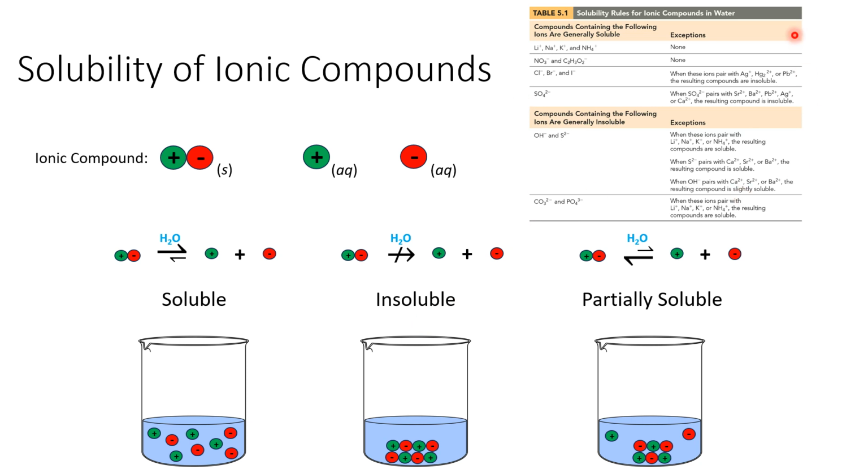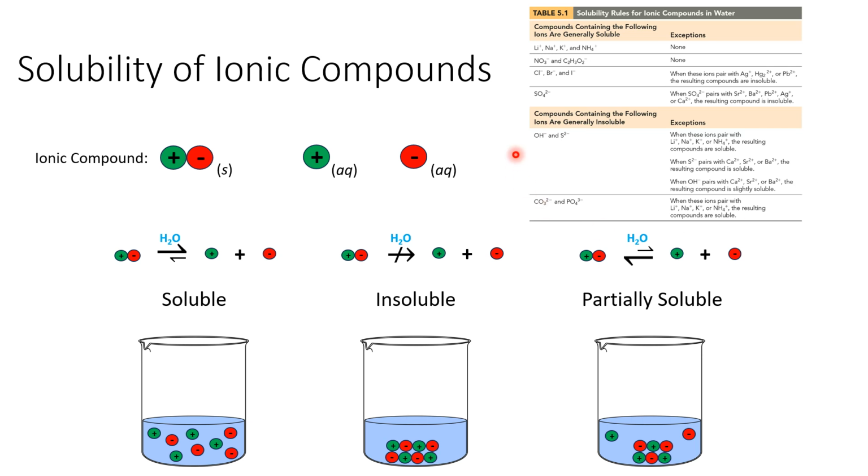Remember the solubility rules? This is a table showing you the solubility rules. I made you guys memorize this back in the day, and I hate asking you to memorize anything. But this was one of those tables where you had to know which positive ions, when they're paired with a negative, are going to be soluble or insoluble. Likewise, if you see compounds with ions that are negatively charged, if they pair up with something positive, is it going to be soluble or insoluble?